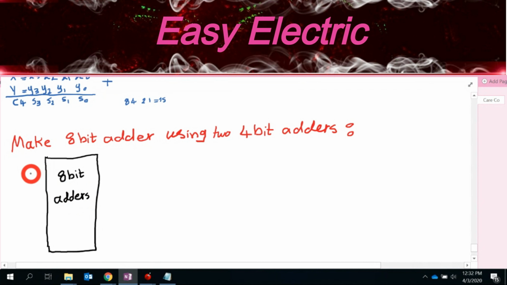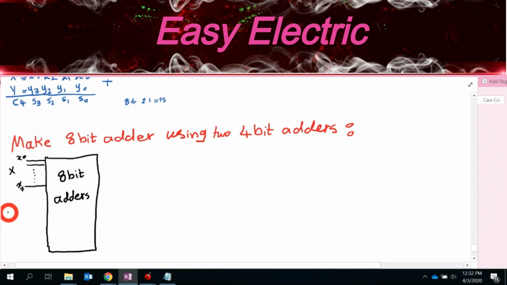17, definitely, right? Whenever you say 8-bit adders, I have actually one X, but this time X actually should have 8 bits. That means it should start with X0 and end up with X7, right? 8 bits.